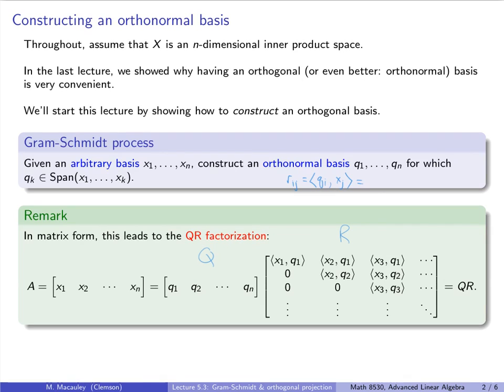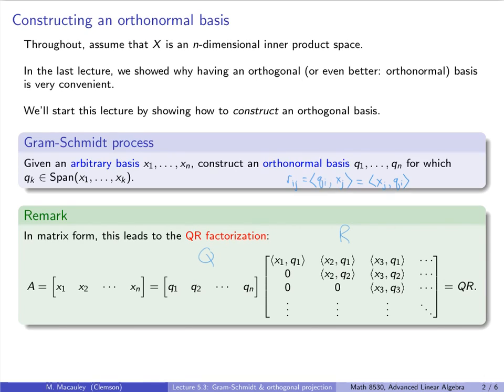I like to put the orthonormal matrix or vector in the second column, so I write that as xj, comma qi. And this is going to be an upper triangular matrix.